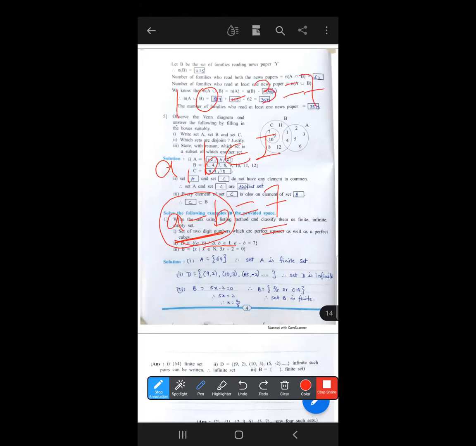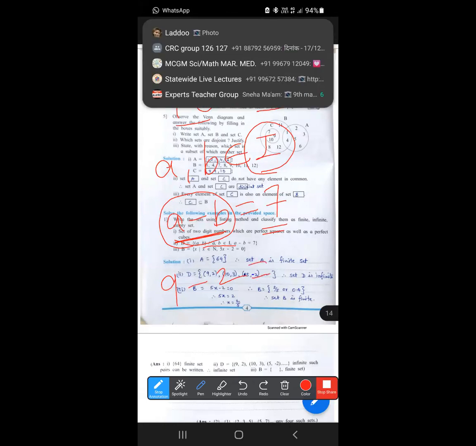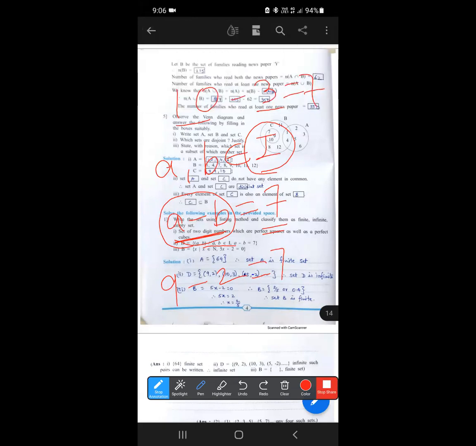Here 10 is a positive number, 3 is also a positive number, so they belong to the integers. Then 9 minus 2, you will get 7. Again, 9 and 2 belong to the integers. So such numbers you have to take whose difference is 7.